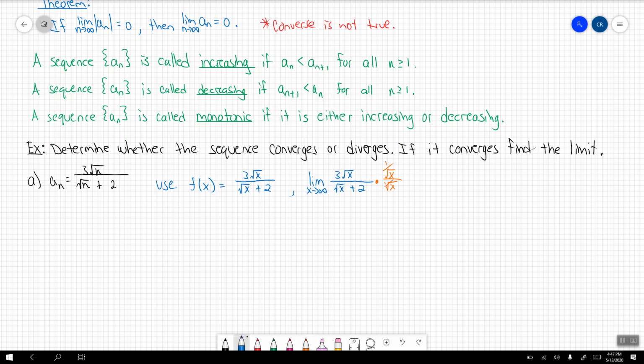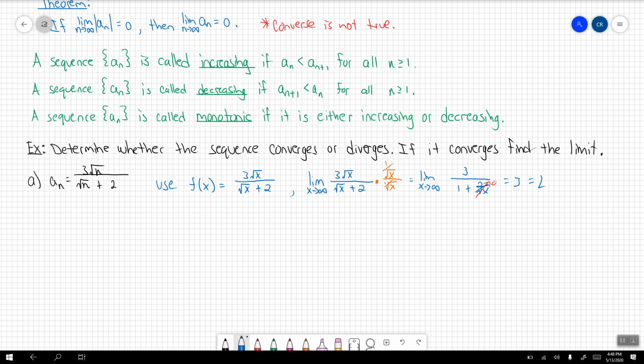So when we divide out by this, we now get the limit as x goes towards infinity of 3 divided by 1 plus 2 divided by the square root of x. Now, as x tends towards infinity, this little piece here, 2 divided by the square root of x, is going to go towards 0, which means we're going to get a value of 3. And this is our limit for that function.